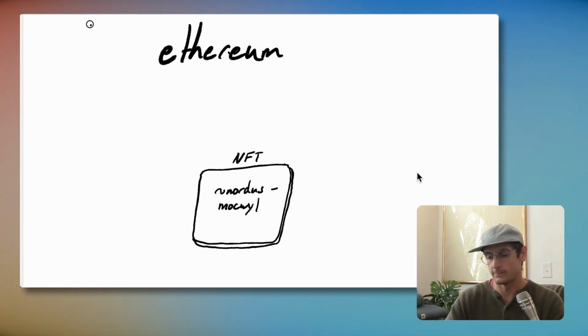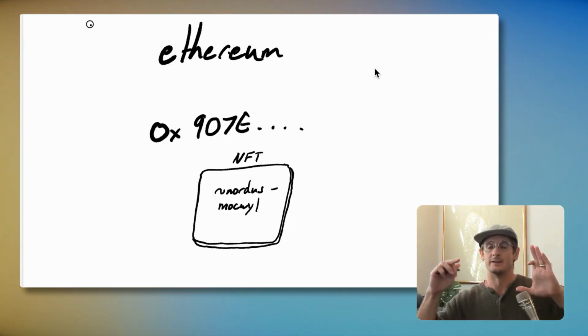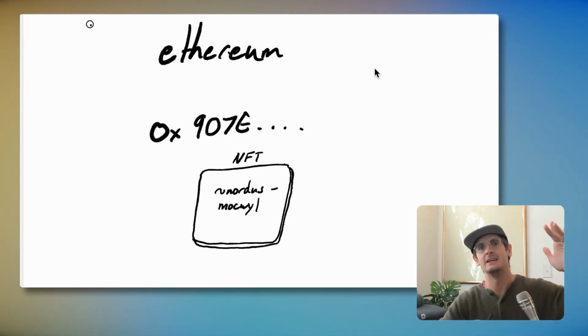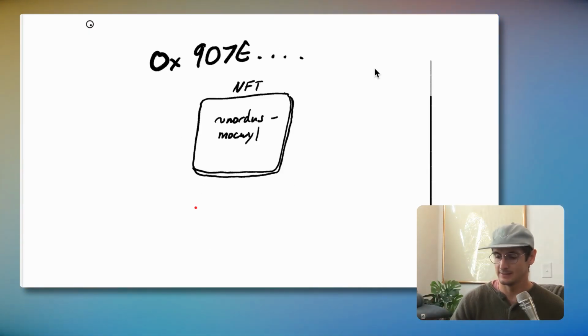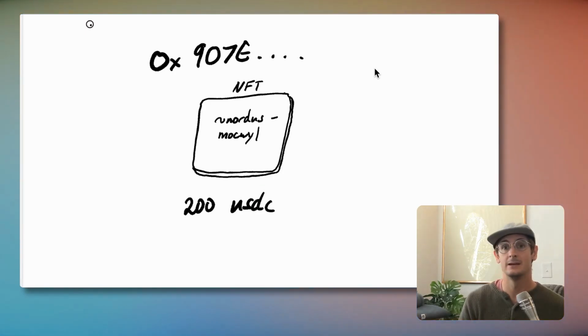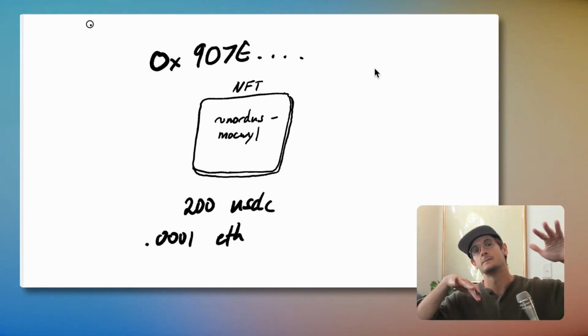So you're going to have an Ethereum wallet, an Ethereum address. In Ethereum, anybody can create a wallet that can contain any kind of Ethereum thing. So that's your account. It can have an NFT in it. It can have 200 USDC, which can be sent over to fund, which is great. It can have an ETH in it, or more likely 0.001 ETH. And that's where it sits with the address.